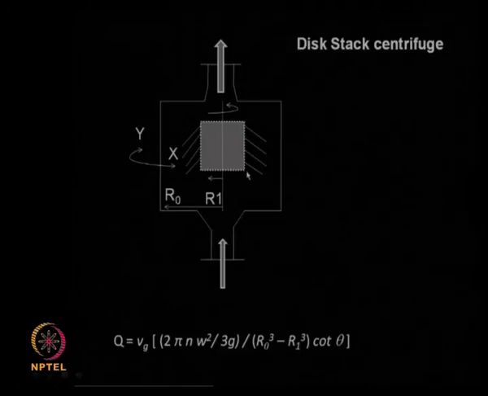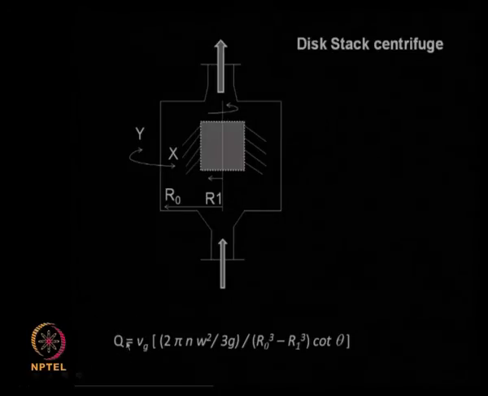So the angle of the discs and the number of discs decides the efficiency of the centrifugal operation. Let us not go into the derivation of this particular equation, but ultimately you end up with an equation of this form.